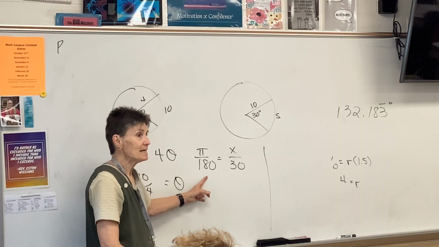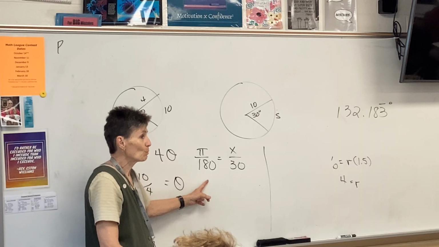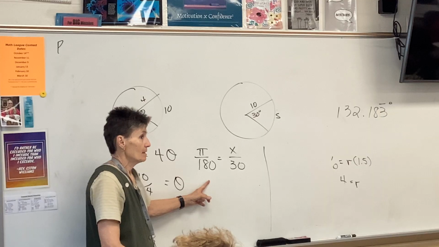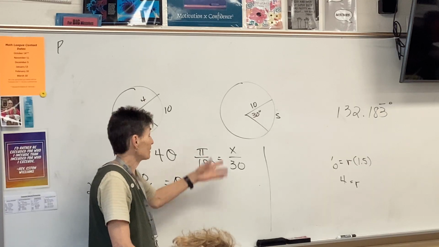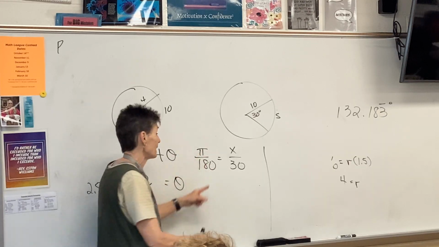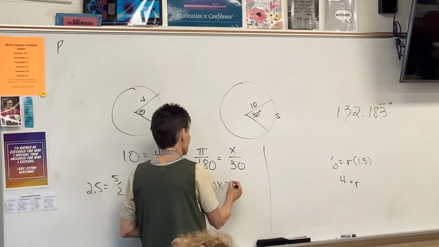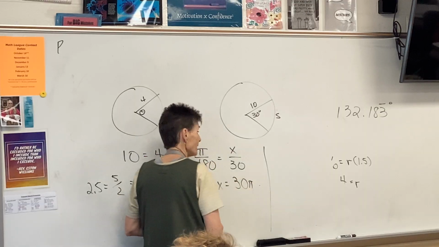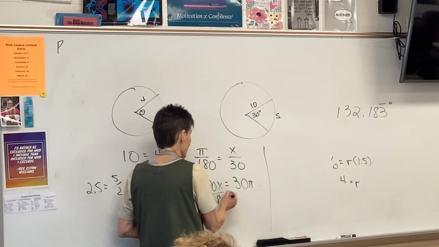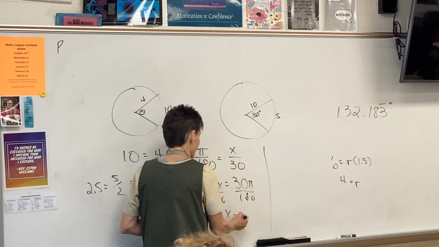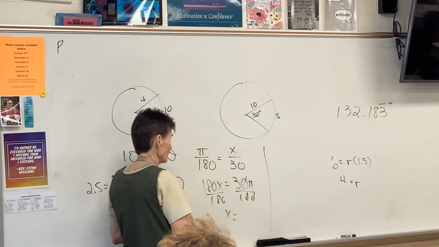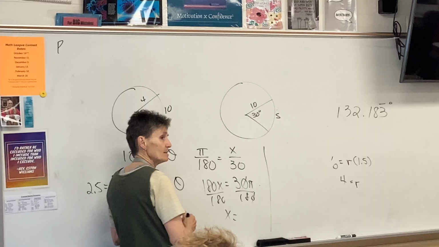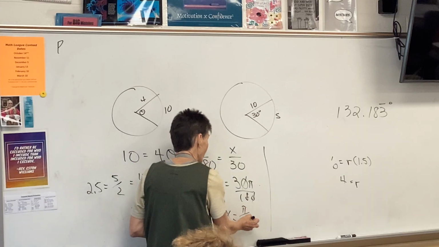We need our angle to be a radian. I got 30 degrees, so I'm going to figure out what that is. So 180x equals 30 pi. Divide by 180. Cancel my zeros. It looks like x is pi over 6.